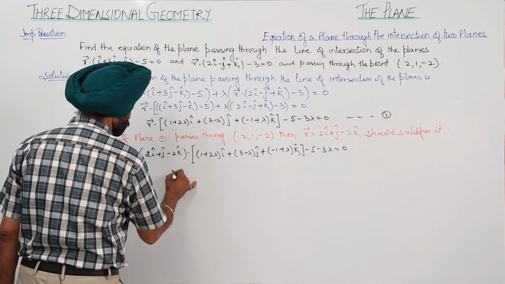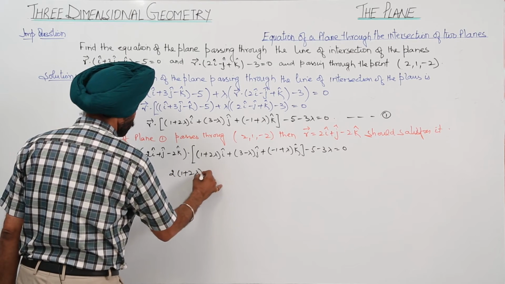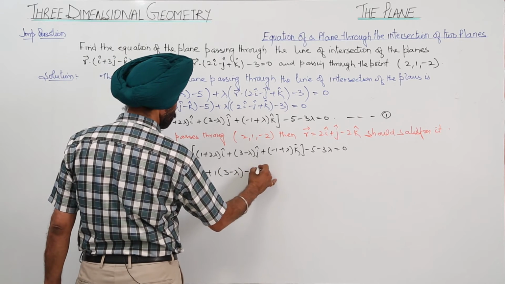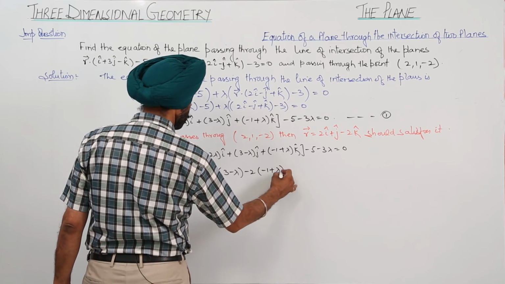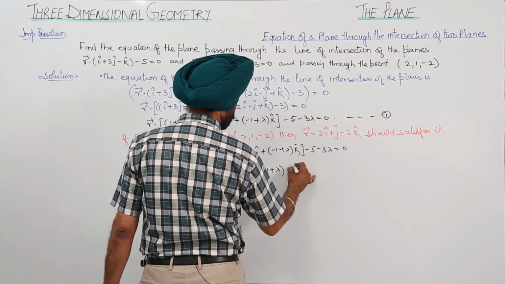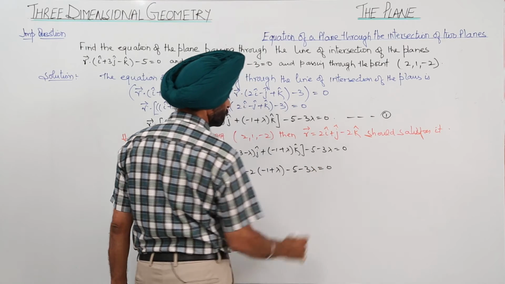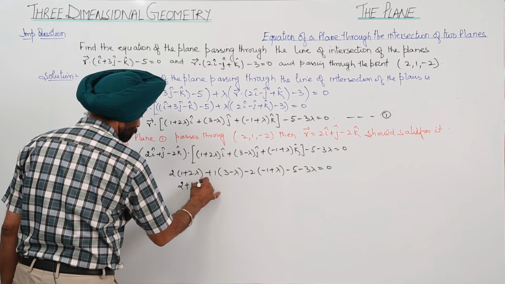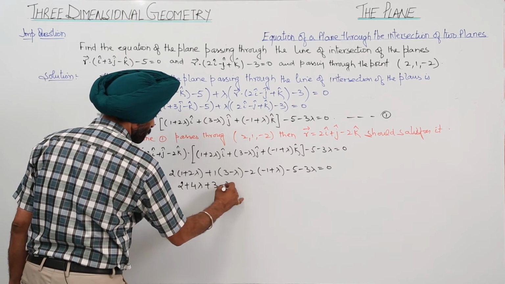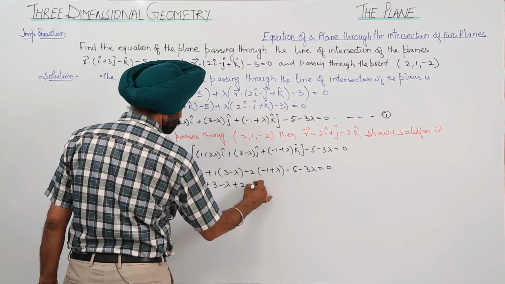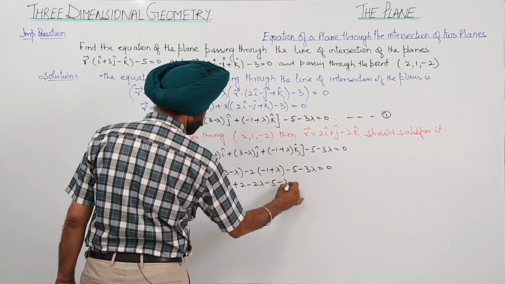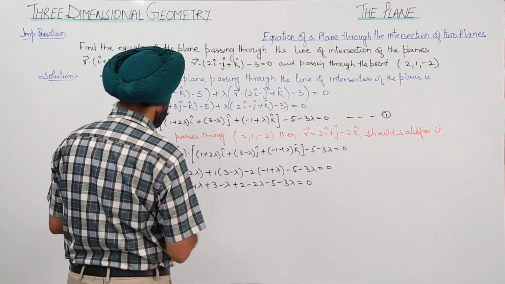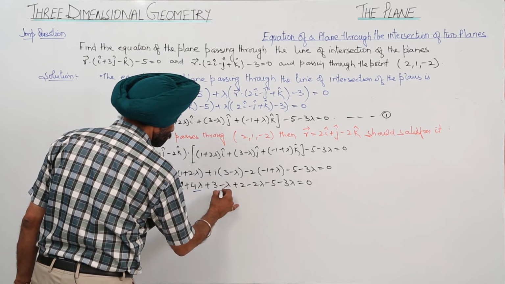Now this becomes 2 times (1 + 2 lambda) + 1 times (3 - lambda) - 2 times (-1 + lambda) - 5 - 3 lambda is equal to 0. Now 2 + 4 lambda + 3 - lambda + 2 - 2 lambda - 5 - 3 lambda is equal to 0.